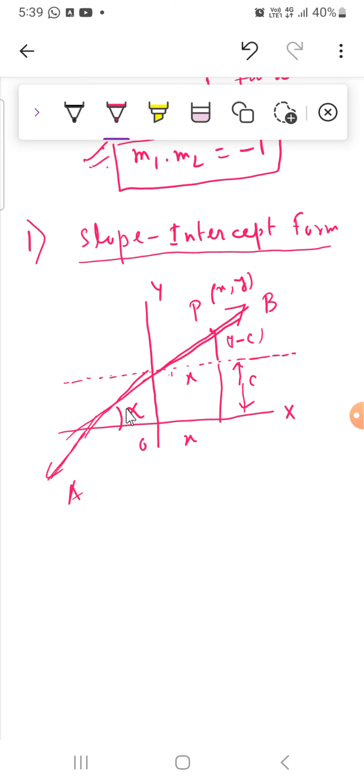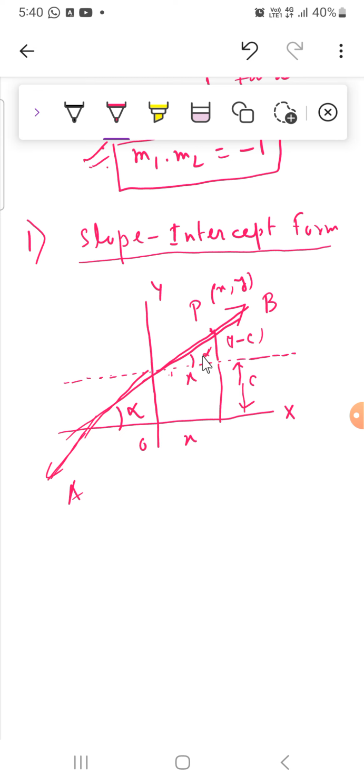So here if we look at this angle, this angle is equal to alpha, because the x-axis and the parallel straight line are parallel, so the similar angles must be equal.